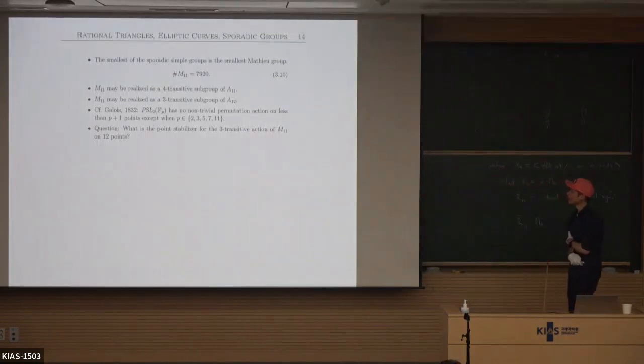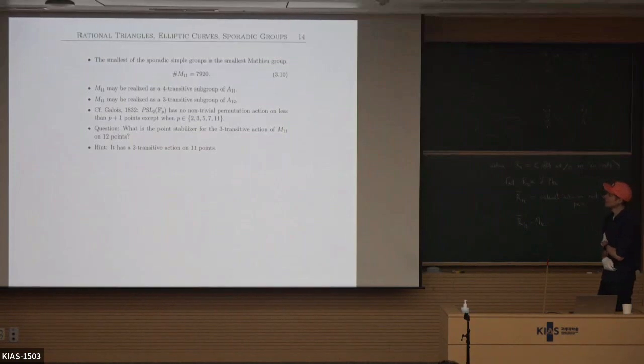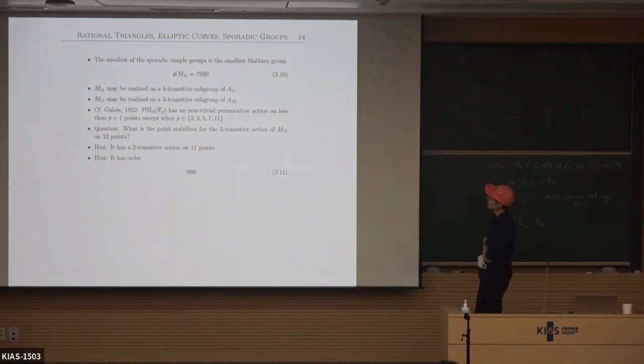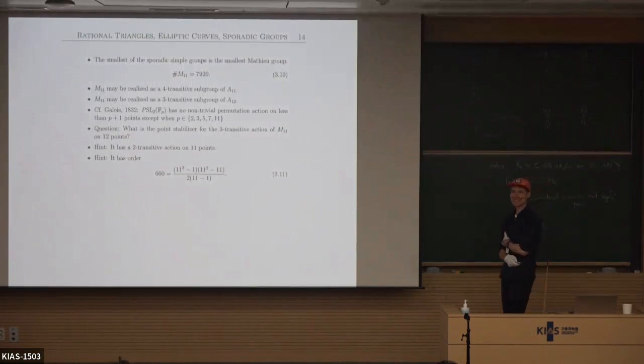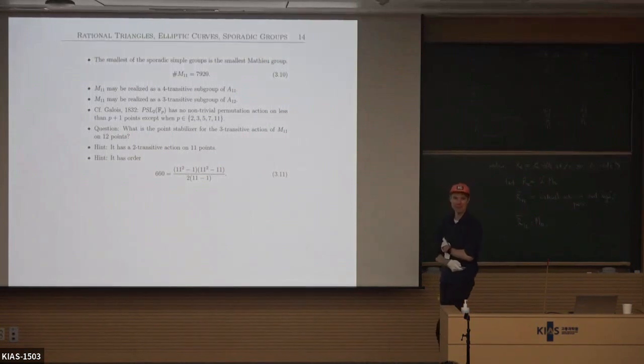Okay, here is a hint. As an actual transitive action on 11 points, okay, had that hint already. It has order 7,920 divided by 12, which is 660. Okay, 660 can be written like so. I think maybe by now somebody can guess the group, right?